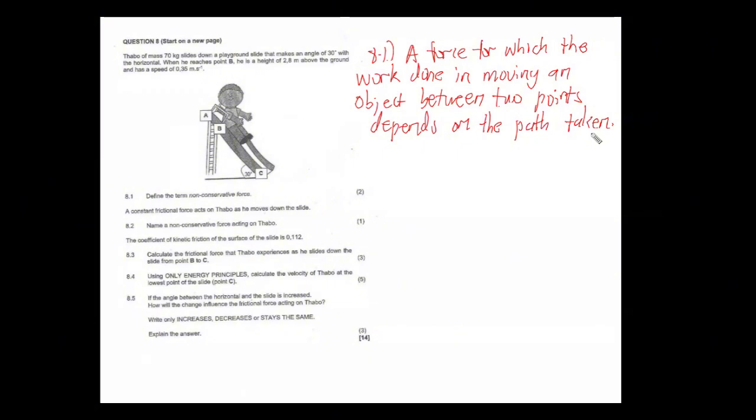Right, so that's it. A force for which the work done in moving an object between two points depends on the path taken. And that's basically how you define that.